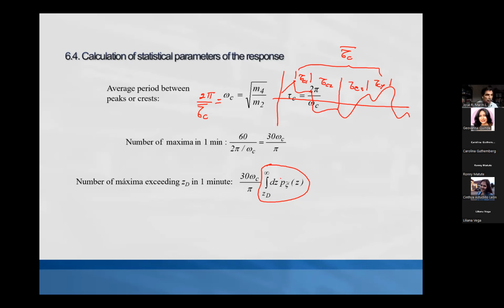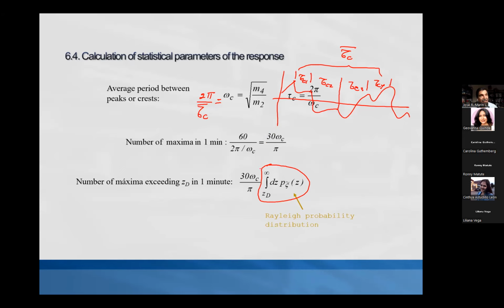Or you can look it up in other literature, for example, the classification rules from societies. And since we assume that the Rayleigh distribution is a good approximation of the maxima, instead of P of Z we could replace it by the Rayleigh probability distribution that we know.